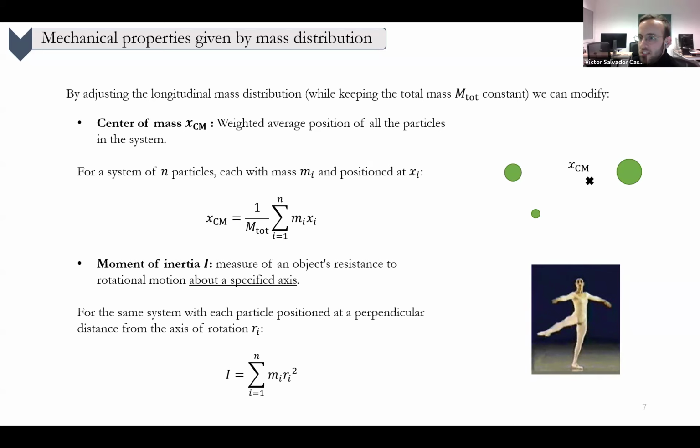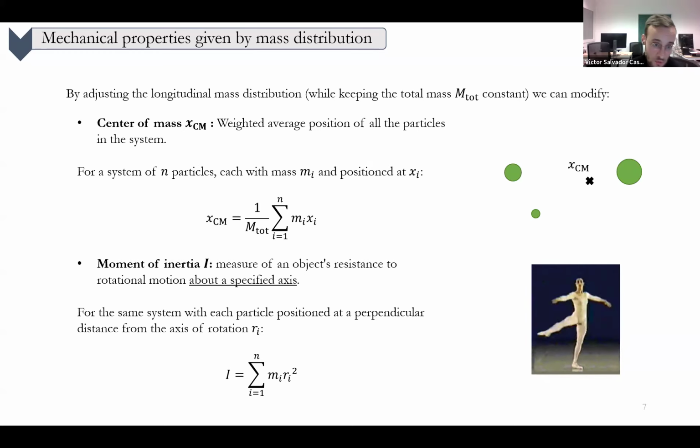So it is usually represented by the ballet dancer or ice skater that increases her angular velocity when the arms are closer to the body, because this moment of inertia is a function of the mass of the particles of the system times the distance to this rotation axis squared. So, I'm really going to focus on the moment of inertia.